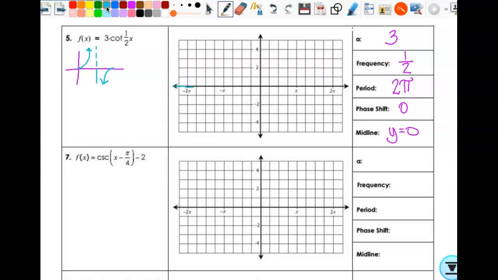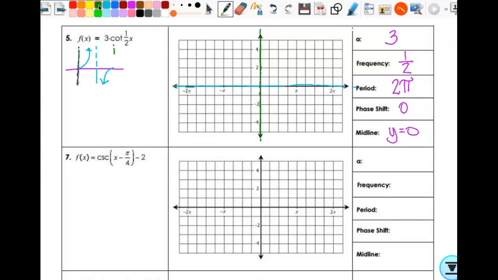And my midline is y equals 0. Okay. So, since this is a midline 0, 0, I will have an asymptote on the y-axis unless I have a phase shift. Don't have a phase shift, so I have an asymptote right here.